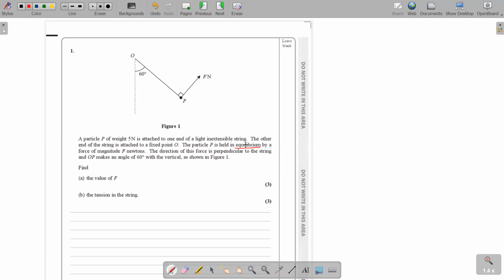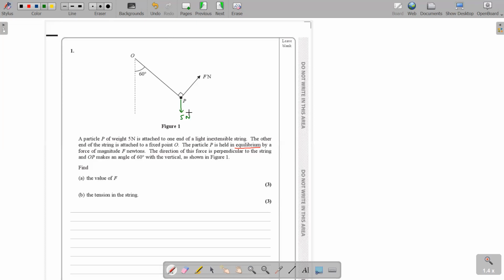So to find the value of F, before we find it, the first thing is you have to mark all your forces. So what are the forces? A particle P of weight 5 Newton. We'll mark all the forces acting on the particle, because our particle is the main person here. First one is the weight, 5 Newtons.